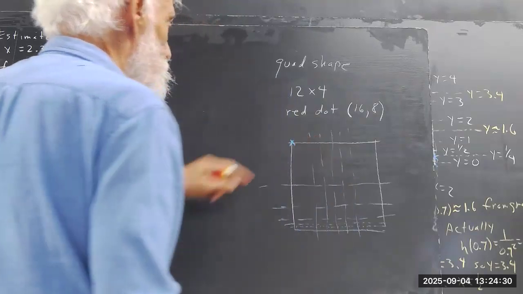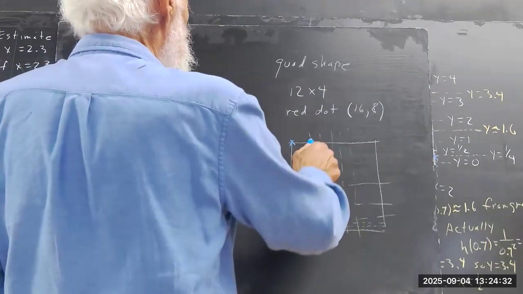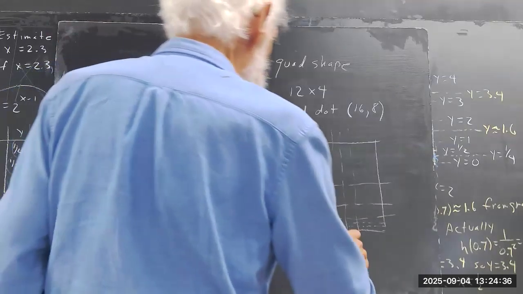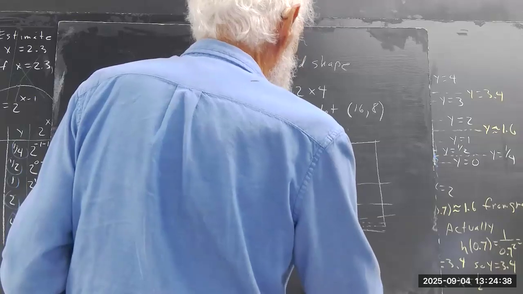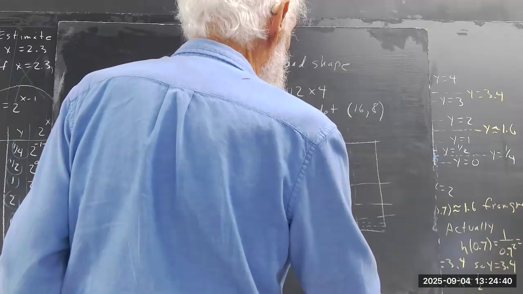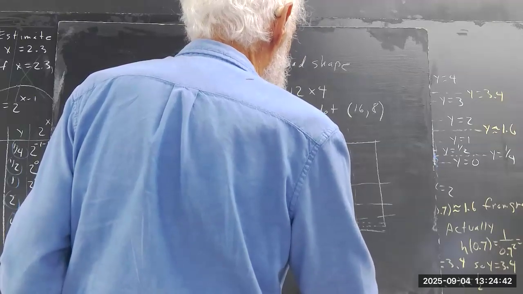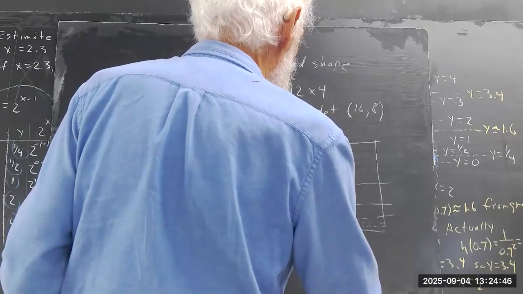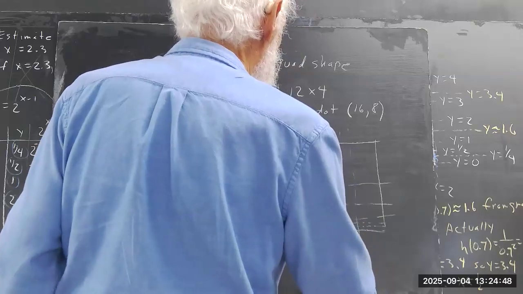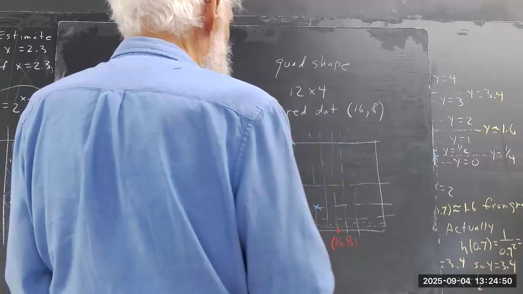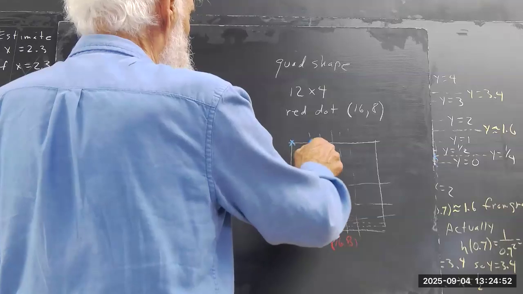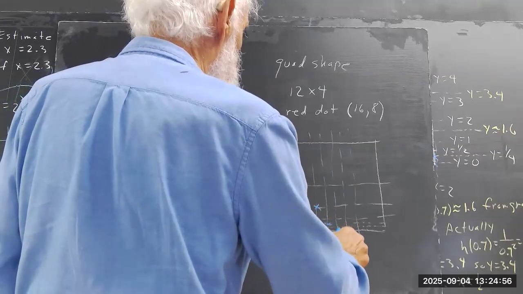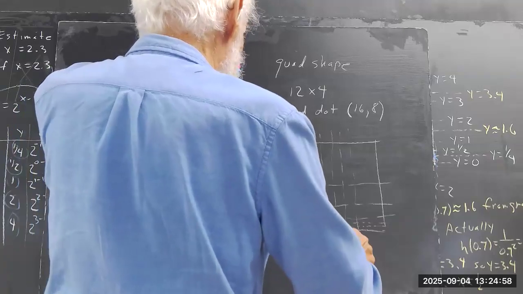Then the rule is start in the upper left-hand corner, move 1 to the right and 2 down. Before you do that, put the red dot on this, and note that it is at the point 16, 8. Upper corner, over 1, down 2, over 1, down 2, over 1, down 2, which puts you in the red dot.